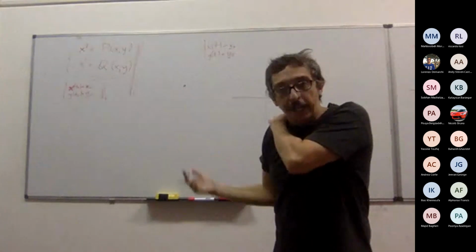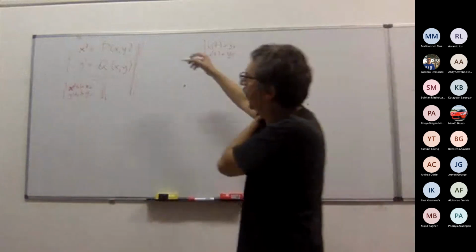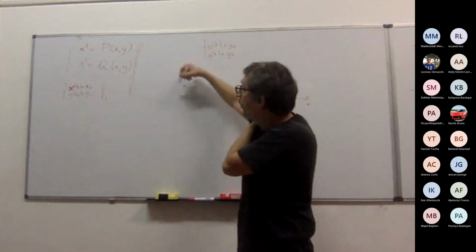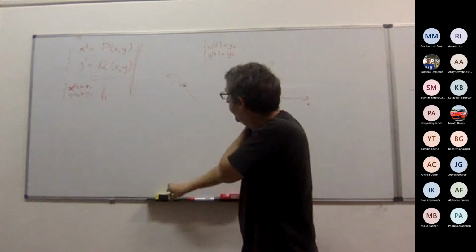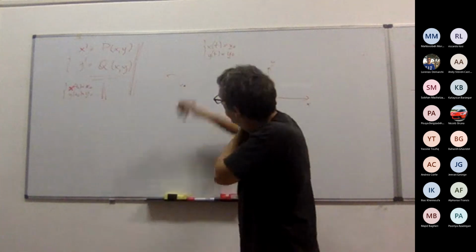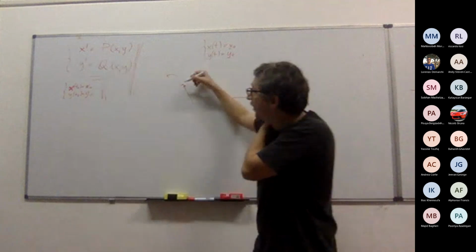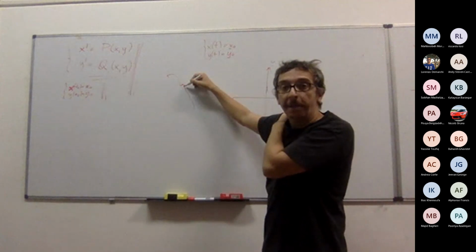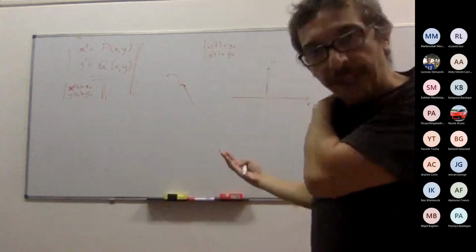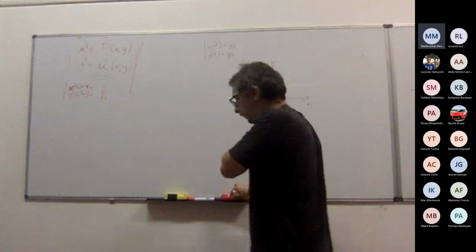And this means that because of unicity, I cannot have any other solution of the system with this initial value data, which basically means that I cannot have any other curve which is a solution of this problem and is passing through this point. The unicity theorem forbids that. Okay, thank you.